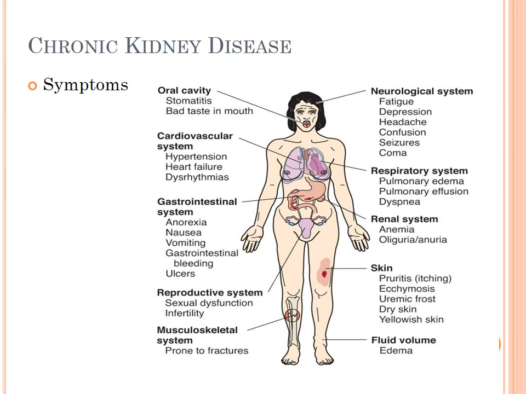Okay, for a minute I'm going to talk about some of the electrolyte disturbances. You have hypernatremia as a result of the kidneys not being able to balance out sodium, which causes edema as well as hypertension.